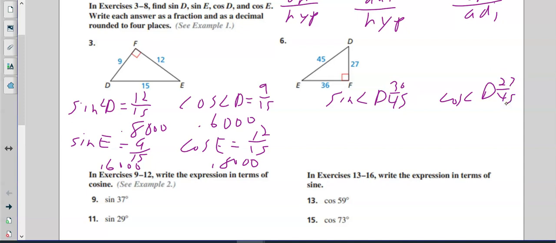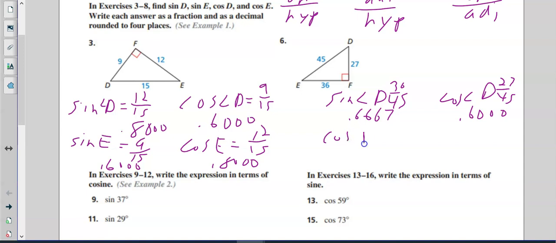Okay, so 30 divided by 45 is 0.6667, and 27 divided by 45 is just 0.6000. So these are going to be easy.